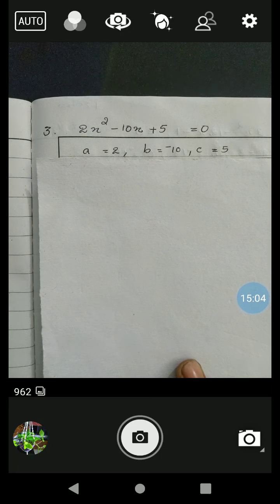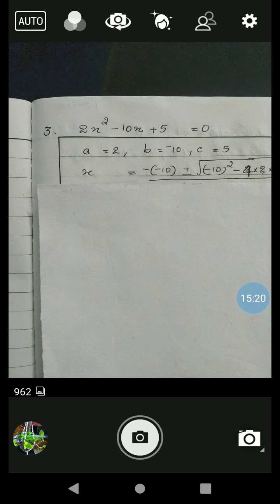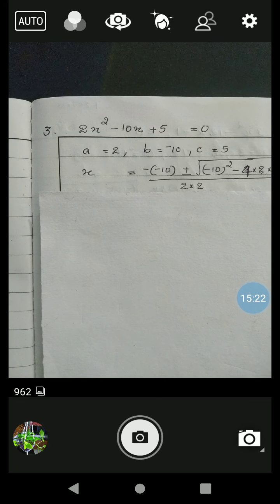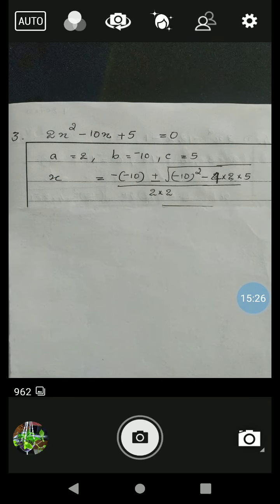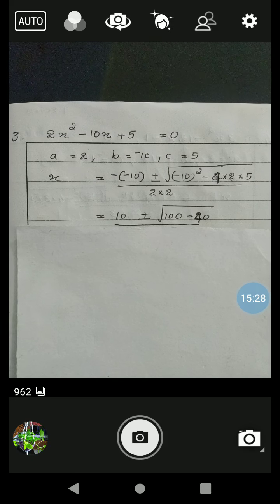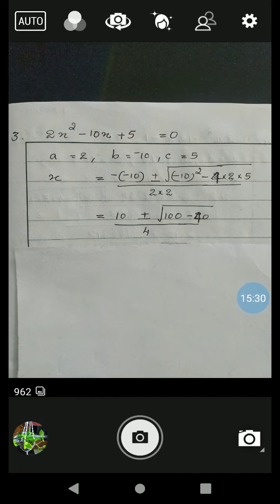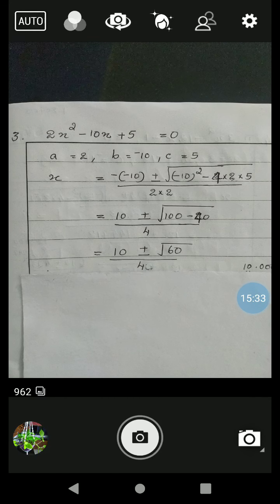And write the formula. x is equal to minus b plus or minus root of b square minus 4ac divided by 2a. And substitute the values correctly like this. And simplify this. When you simplify, you will get 10 plus or minus root 60 divided by 4.